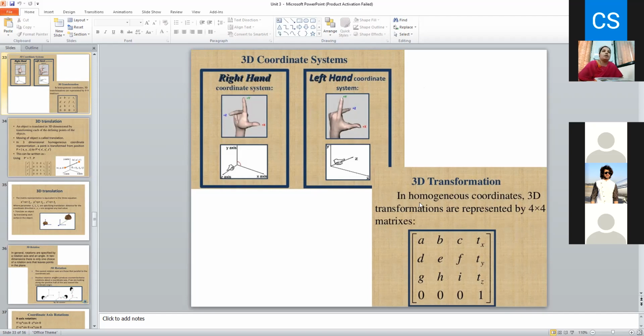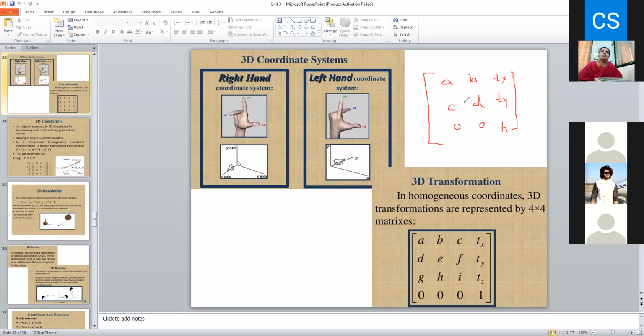Now, the T matrix. We will see the 2-dimensional T matrix. If I write the 2-dimensional T matrix, then A, B, C, D. This is the translation along the x-axis, translation along the y-axis, and the overall scaling factor. And these 2 elements are always 0 because they are used for projection purposes.